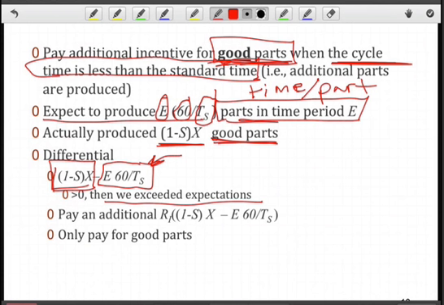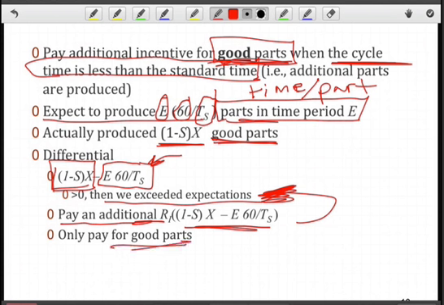Note that we're only considering good parts. So what we'll end up doing is paying an additional amount based upon the incentive rate for this differential. Again, emphasis on that difference has to be greater than 0 because we are only paying for good parts. So I might make a lot of parts here.